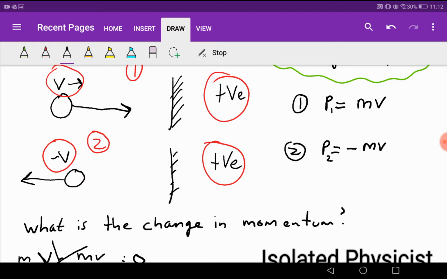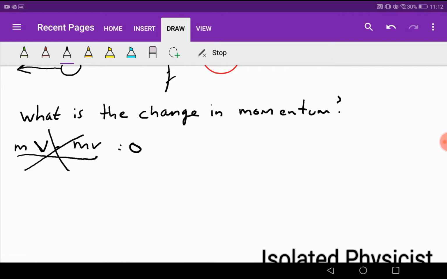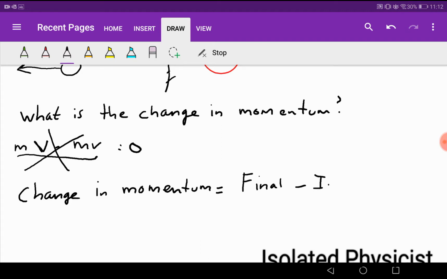Now our change in momentum equals final minus initial.